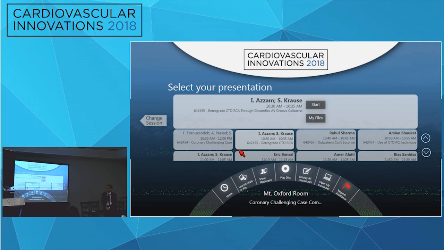But for these CTOs, I used the piece of advice I got from Dr. Brilakis when he came and proctored me in Nebraska. For these cases, you're not on call, you don't have a clinic, you can't be bothered by someone calling you for something. My staff knows that I don't want to be interrupted. I don't schedule more than 2 cases that day. I'm not in clinic, I'm not on call, and I don't do rounds or consults.